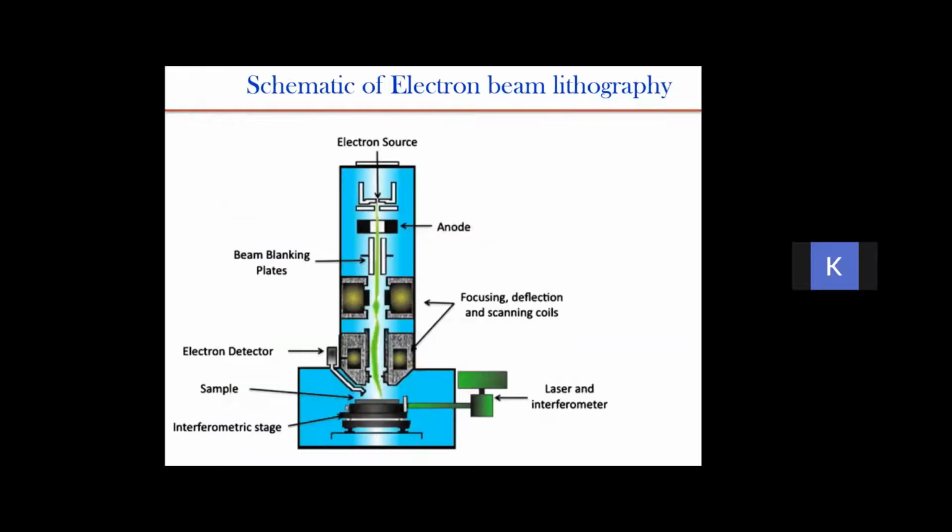Now, if you go to the schematic of a lithography system, you can see that it's more or less the same as an SEM. You have an electron source, an anode, an accelerating voltage, focusing and scanning coils, then a secondary electron detector, sample stage, and so on. The only extra thing here is the beam blanking. Apart from that, the rest is the same.